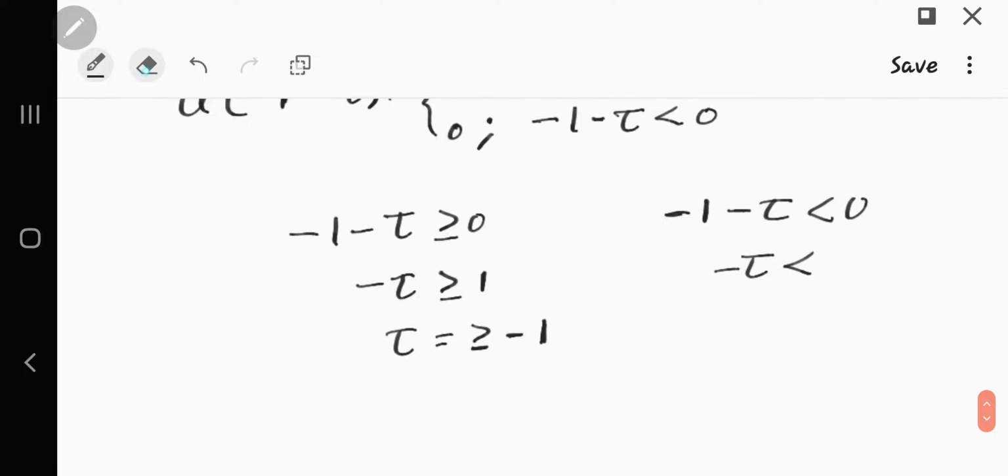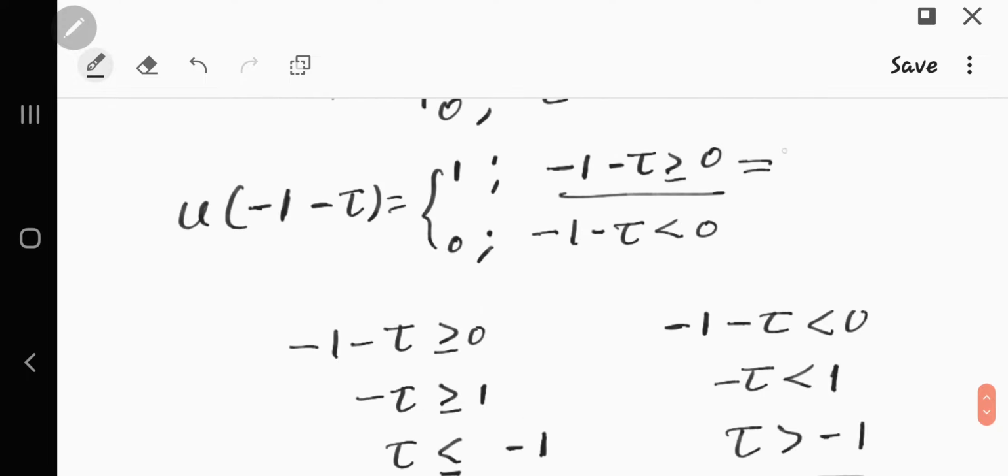I made a mistake here: if you multiply by minus, the inequality flips, so tau is greater than minus 1. So this is the meaning of that. These are the new limits. So this gives us tau less than or equal to minus 1, and this gives tau greater than minus 1.